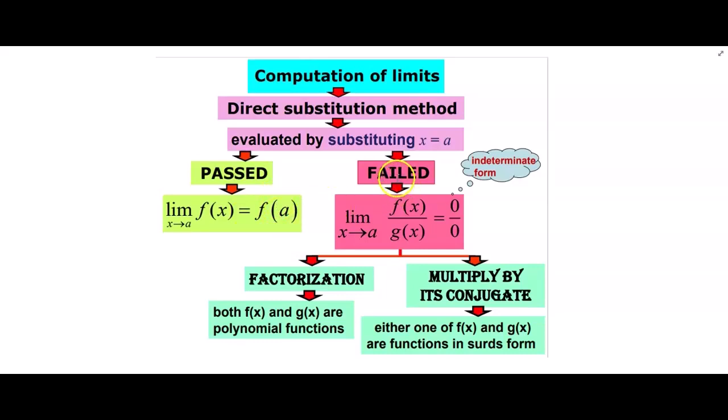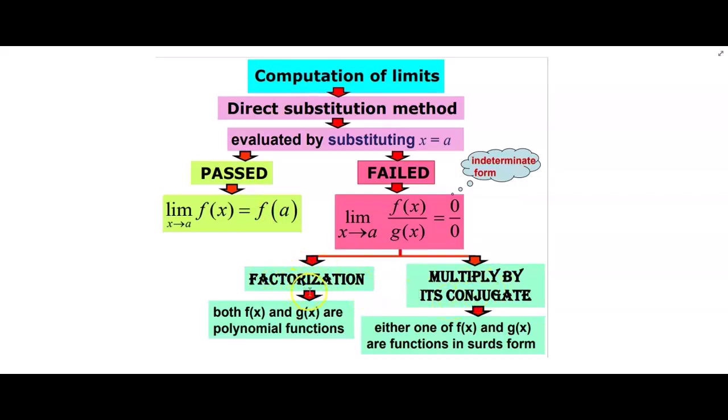Then let's say you substitute the a into f(x) and g(x), and you get 0 over 0, meaning you are obtaining an indeterminate form. This means that the substitution method for this function has failed. So you have to proceed to another method, that is by using factorization or multiplying by its conjugate.